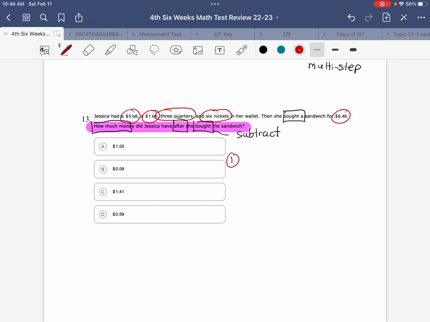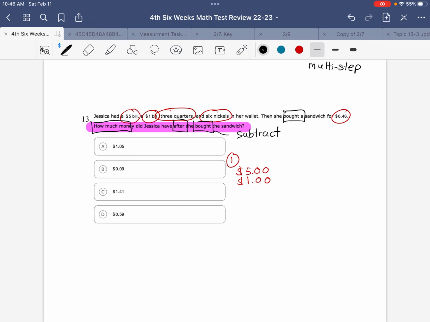My first step is she has a $5 bill, right? $5. Then it says she has a $1 bill. Then it says she has 3 quarters. If we remember, a quarter is worth 25 cents. So there's 2 ways you can do this.